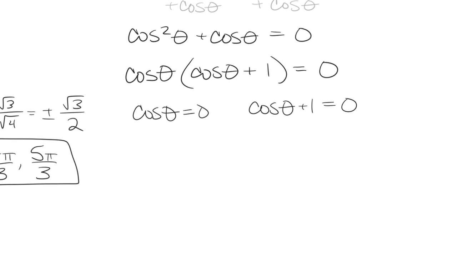First one's ready to be solved right away. We can think about our unit circle for the two angles that would make cosine equal to 0. We want no fingers above. What angle is this? Pi over 2. So we have two angles. We have pi over 2 and 3 pi over 2, where cosine would be equal to 0.